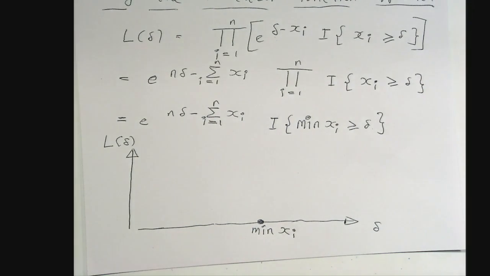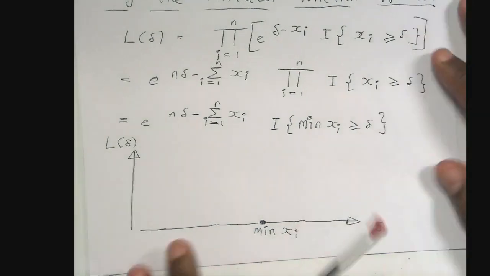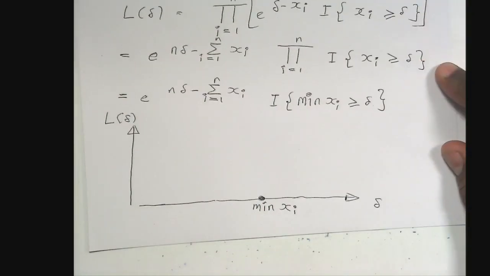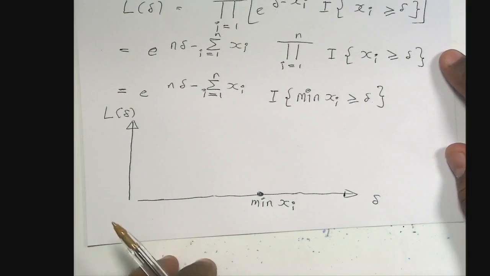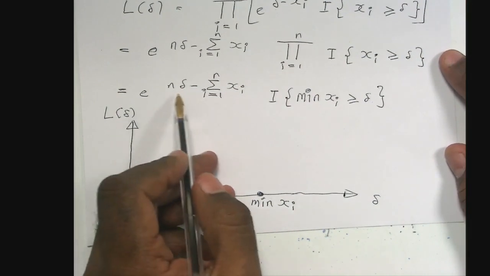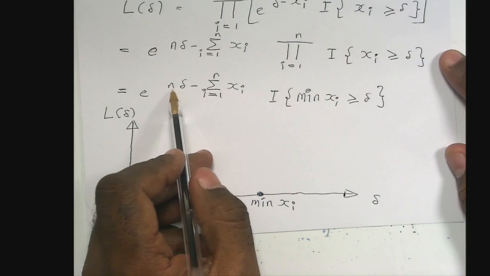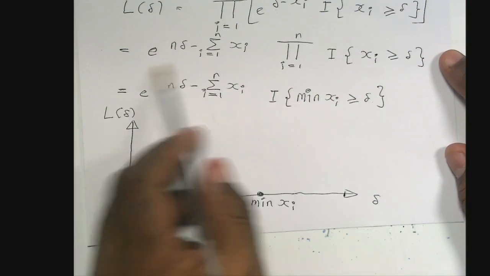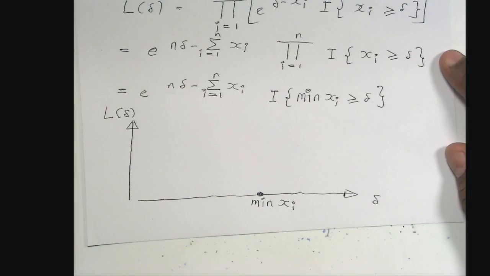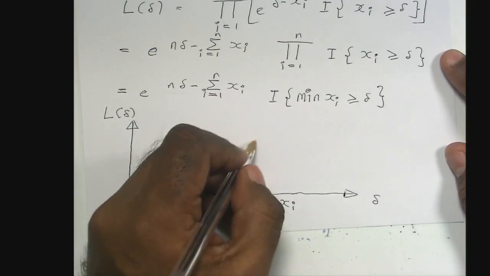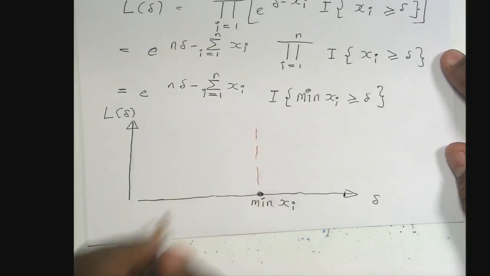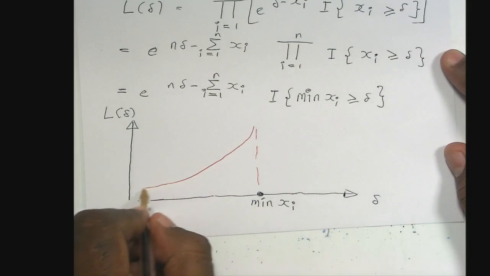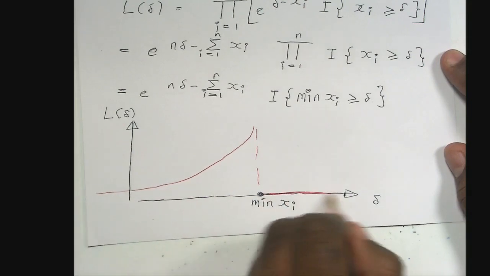You being experts in calculus, you see there's only one delta here, and there's an n in front of it, which is a positive constant. So this is an increasing function of delta, and delta must be less than or equal to the min of xi. So if this is the min of xi, your graph will look like this, and thereafter it will be 0.